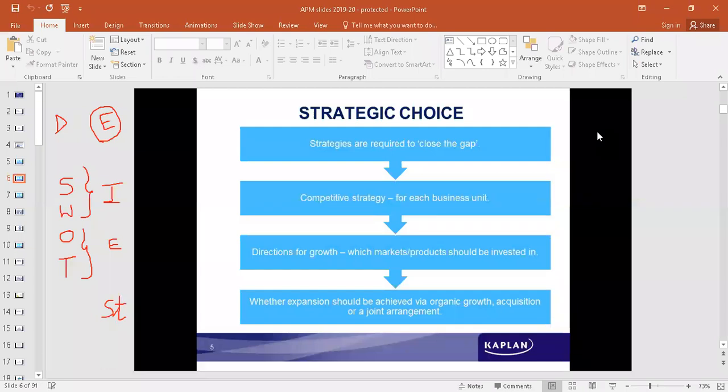So what are the strategic choices that are present to close the gap? The gap between these two has to be closed. If that has to be closed, what choices do they have? Strategies are required to close the gap. The competitive strategy for each business unit.